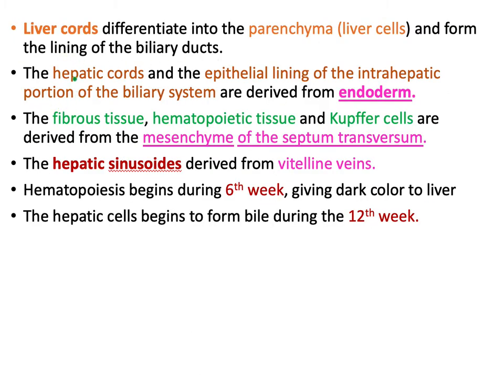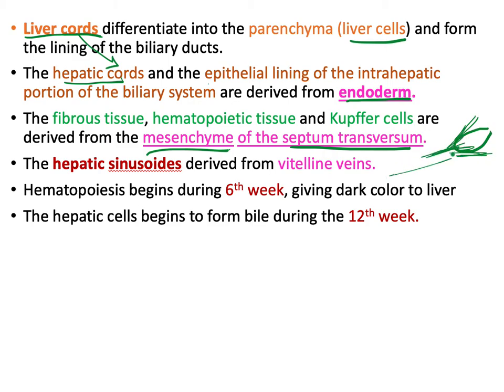So as I mentioned, the liver cords differentiate into the liver cells, and the liver cords originate from endoderm, and of course the epithelial lining of the intrahepatic portion of the biliary system is derived from endoderm, while the fibrous tissue, hematopoietic tissue and Kupffer cells derive from the mesenchyme of the septum transversum, because we mentioned that the hepatic bud or hepatic diverticulum penetrates the septum transversum and divides it into two parts, but it also takes some mesenchymal cells from there, right?